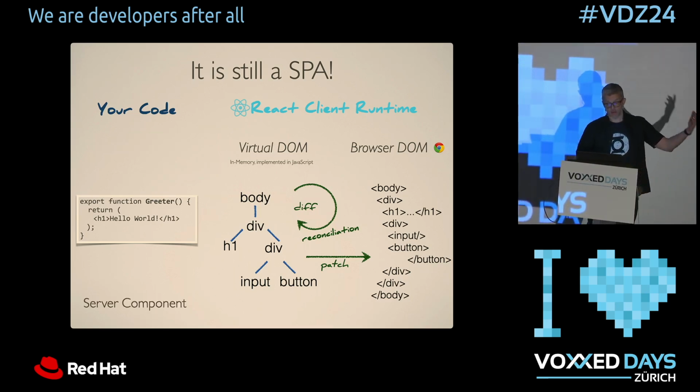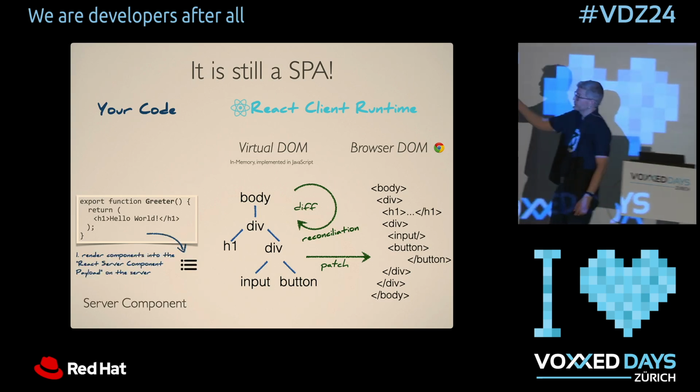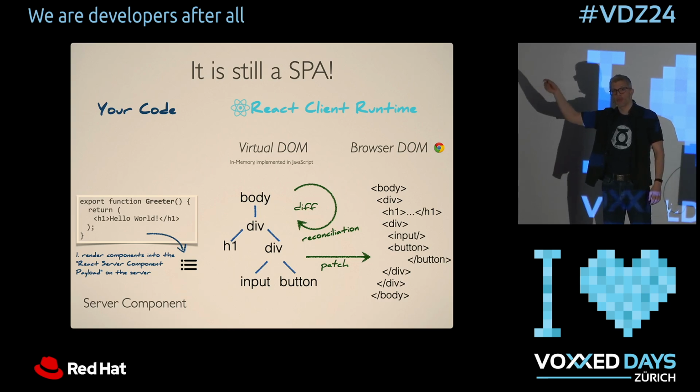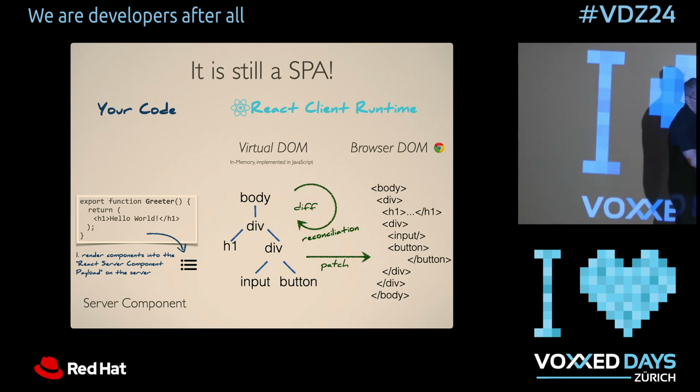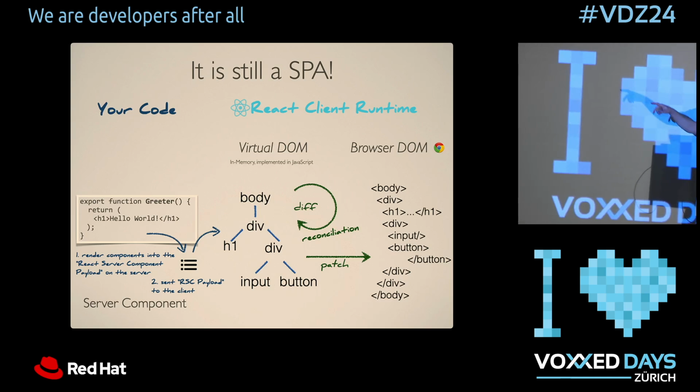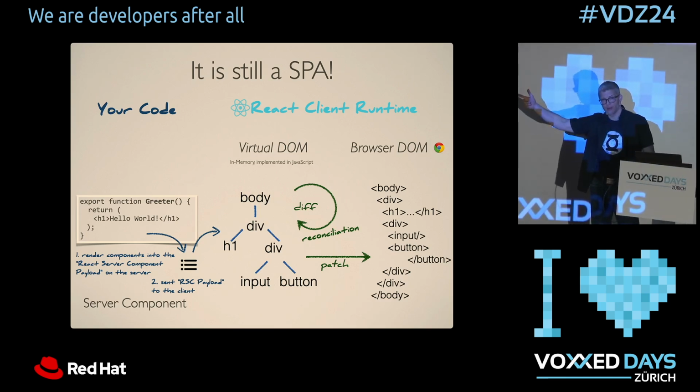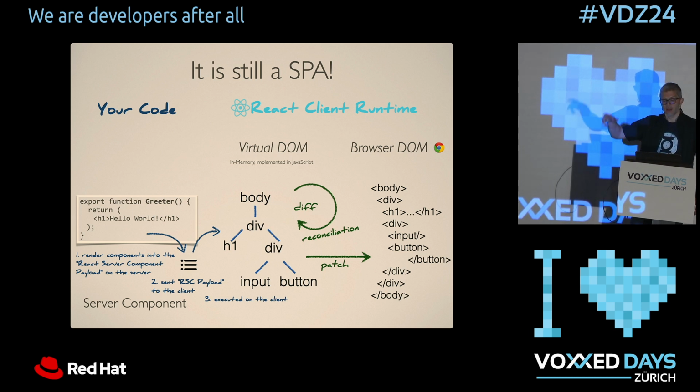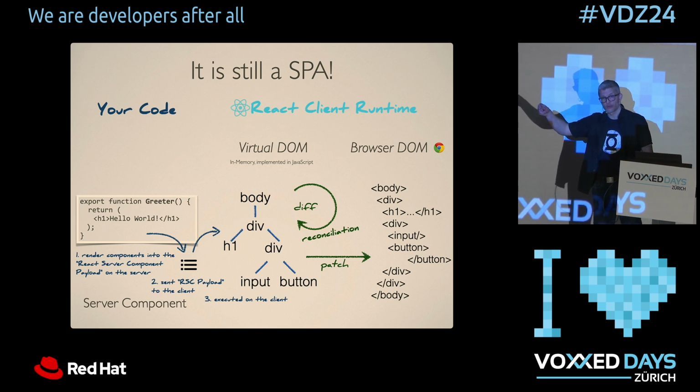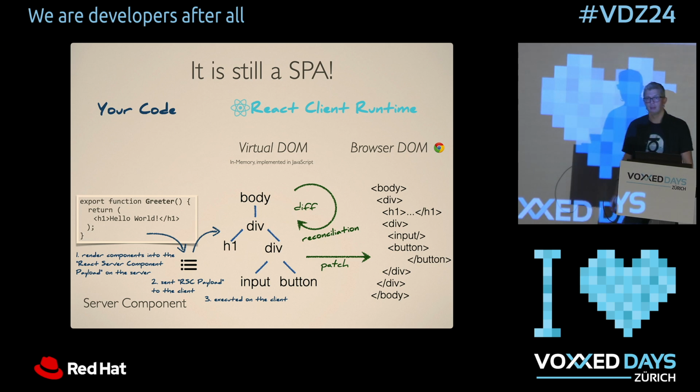But if we have a server component, we render some instructions in an intermediate format on the server, and then we ship those instructions to the virtual DOM, which is running in the browser. So the client runtime has been loaded, and these instructions manipulate the virtual DOM, which then updates the real DOM.